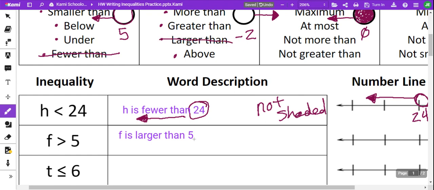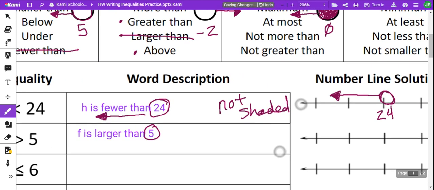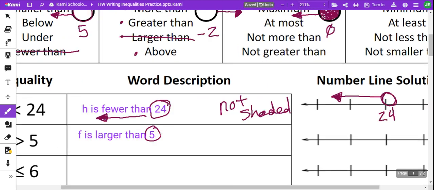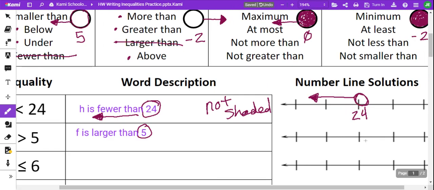So we use the vocab larger than. Now we're going to graph it on the number line. Where are these numbers going to start? Going to start at 5, put a circle at 5, and the larger numbers are going to the right. There's no line down below, so this is not shaded.